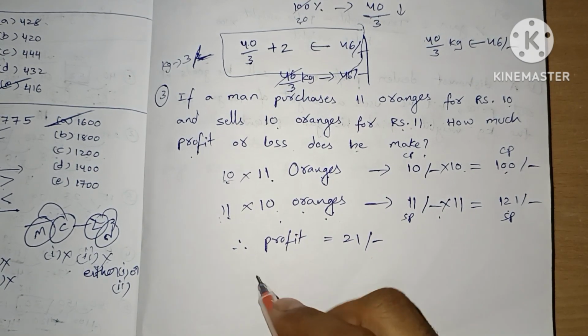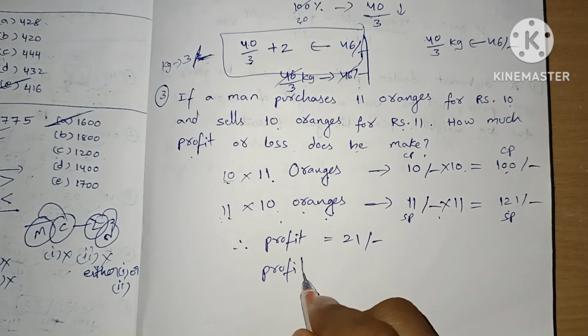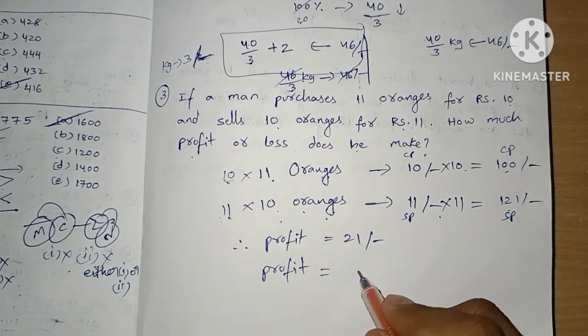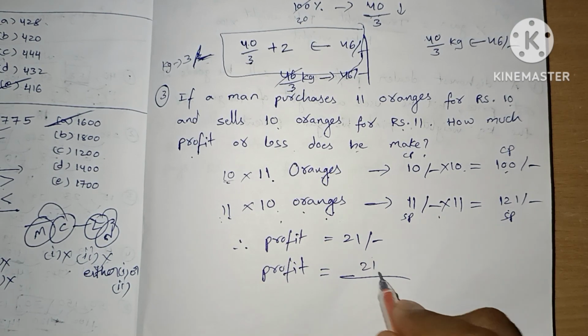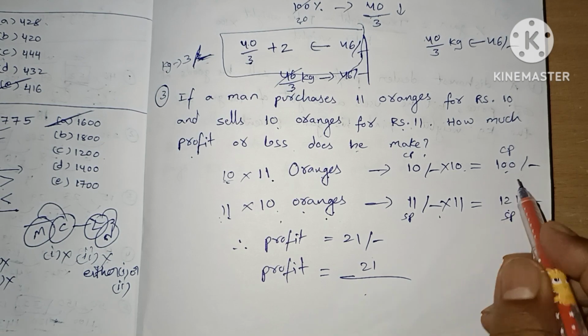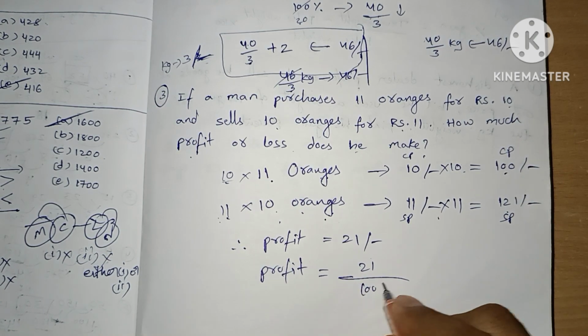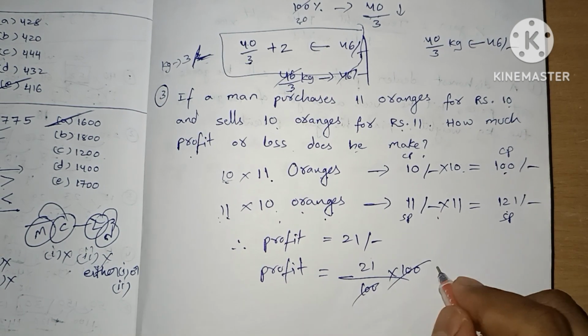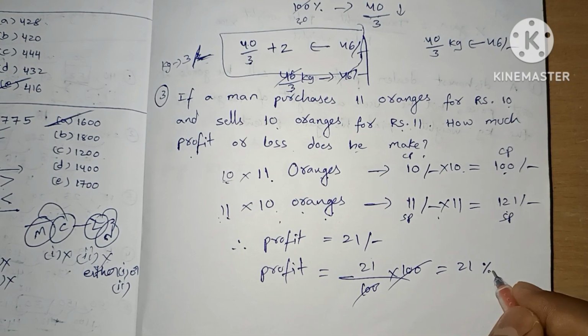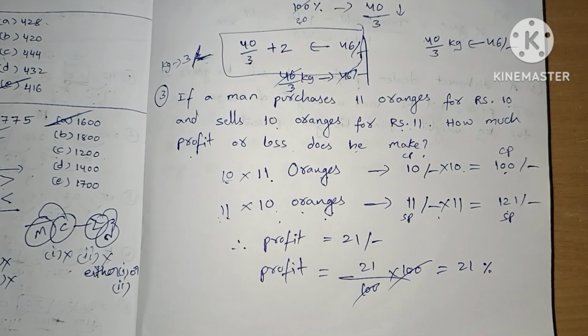If it is asked about profit percentage, in yesterday's class we said that profit divided by cost price into 100. Cost price is 100, into 100. We get 21 percent as the profit he made.